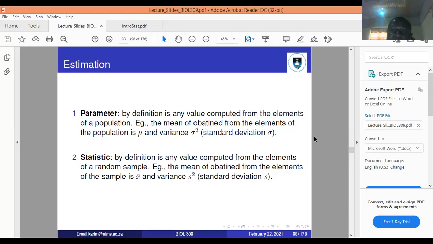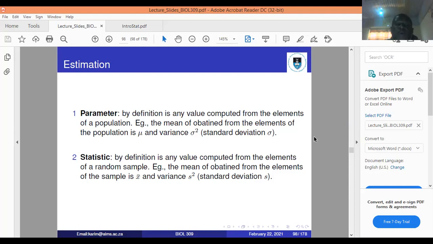So estimation, as the name suggests, we try to estimate. When you find the mean, you are doing estimation. When you find the variance, you are doing estimation. When you find the standard deviation, that is estimation. You are trying to calculate, you are trying to compute, that is estimation.